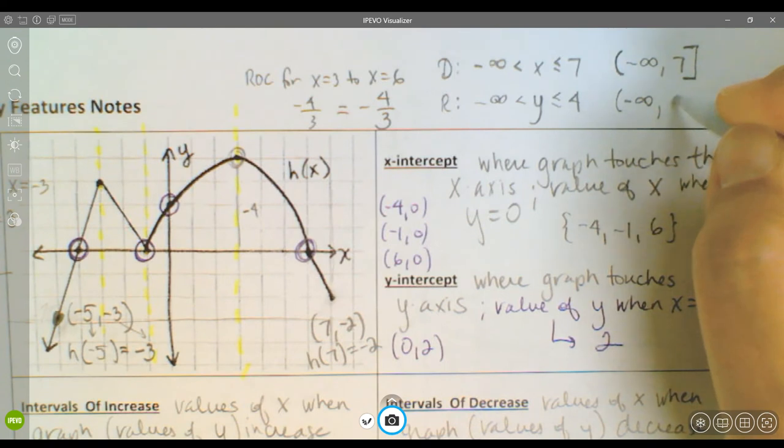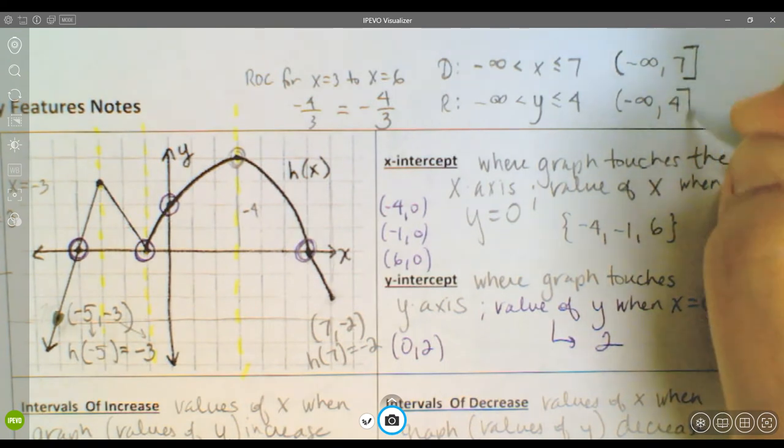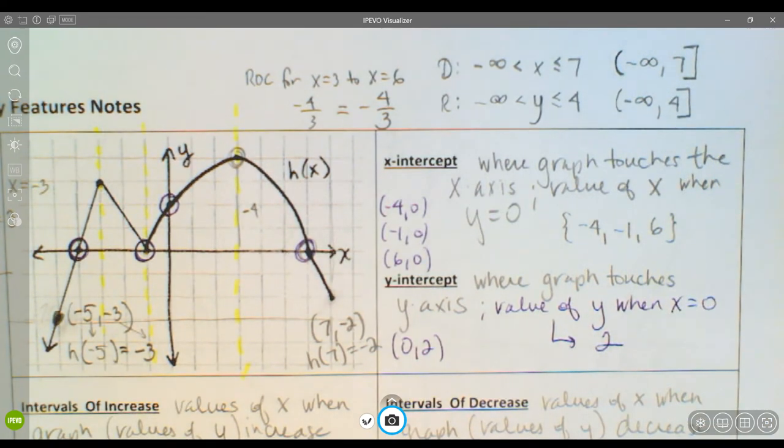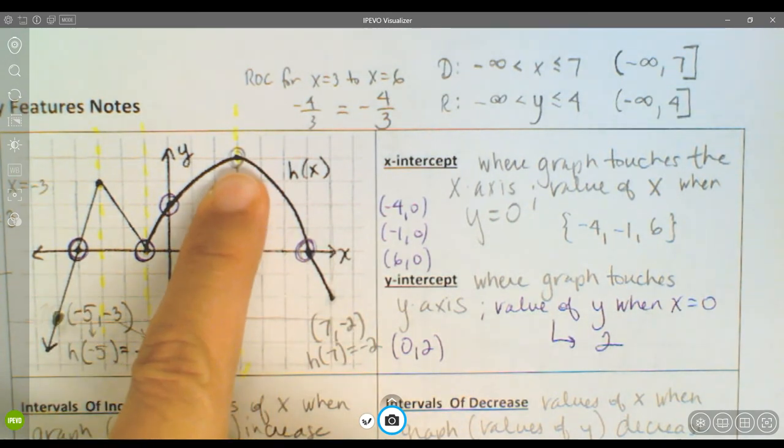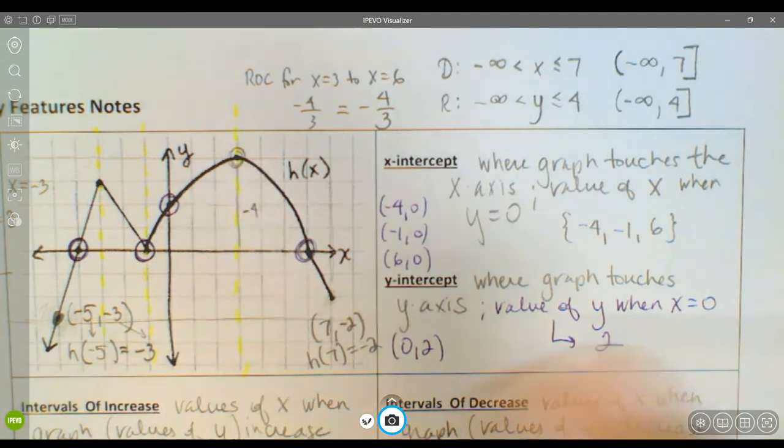My highest y coordinate is 4, and I can equal 4, therefore I use a bracket. So it goes to the left forever, it goes to the right, it stops at 7, goes down forever. The highest that it goes is 1, 2, 3, 4, and there it is right there.